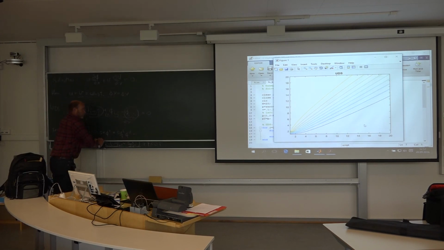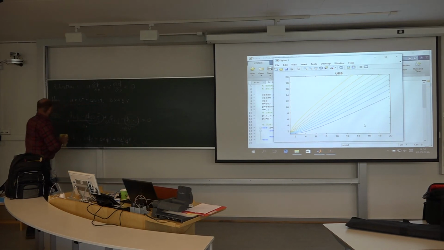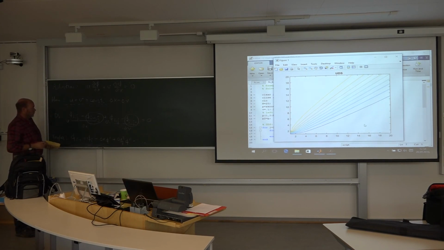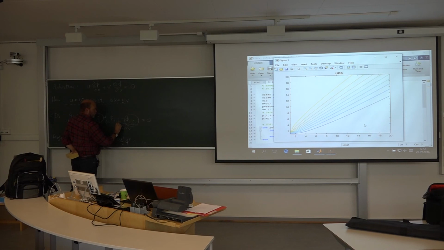Now what will happen if I do this with a central scheme? CDS. Then we have 2 and 2, but here I need i plus 1 minus i minus 1. Here I need j plus 1, and there j minus 1.